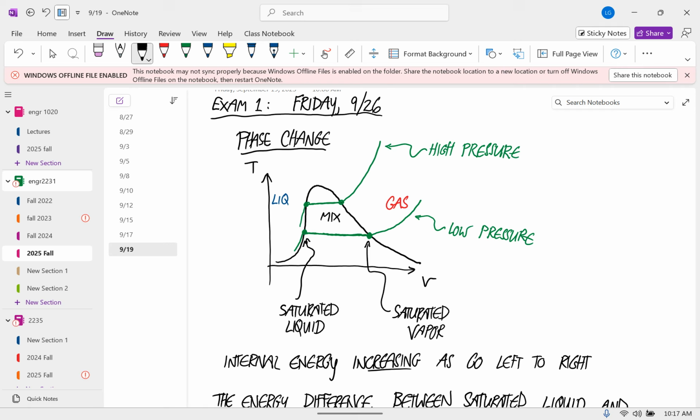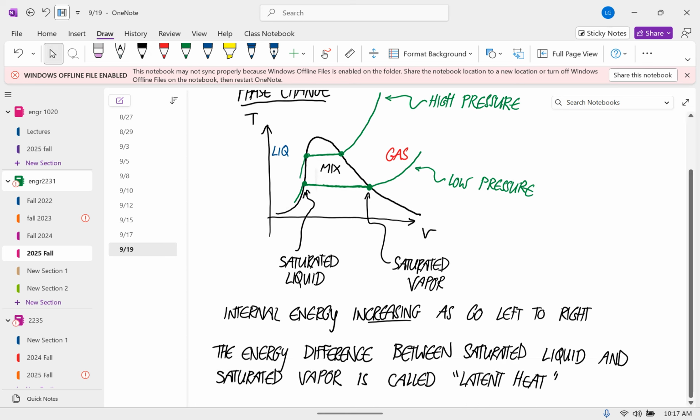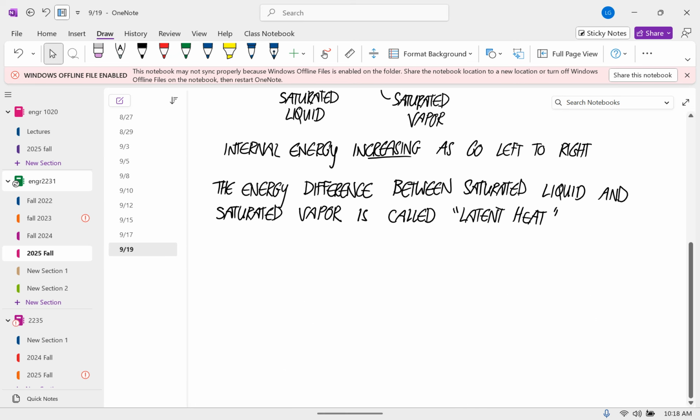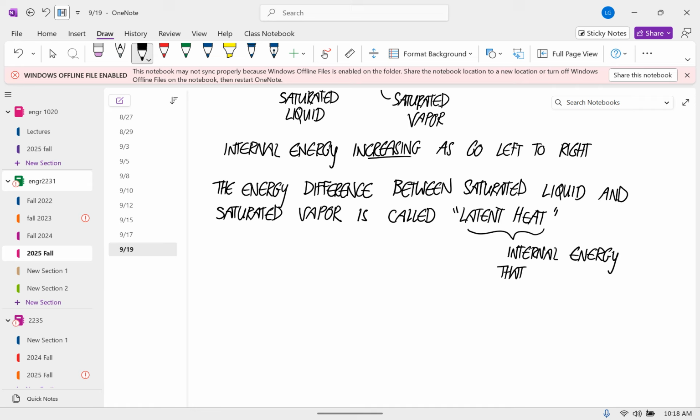So it's the one region where you can't detect the internal energy by being given the temperature. It could be anywhere in there. So it's called latent heat because it's internal energy that's not shown by the temperature.